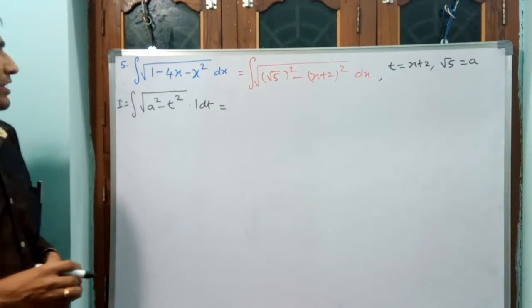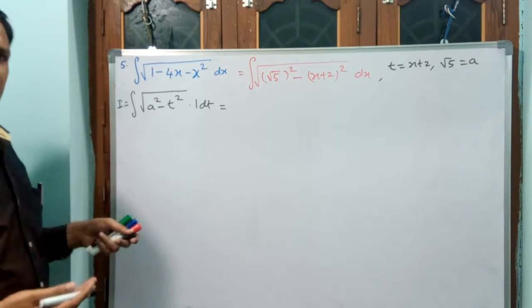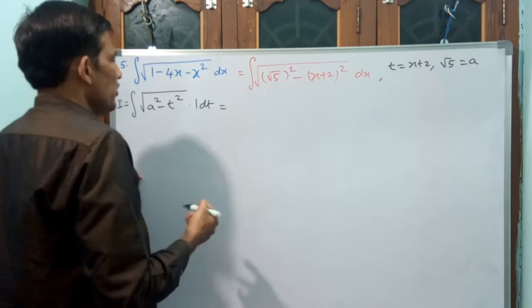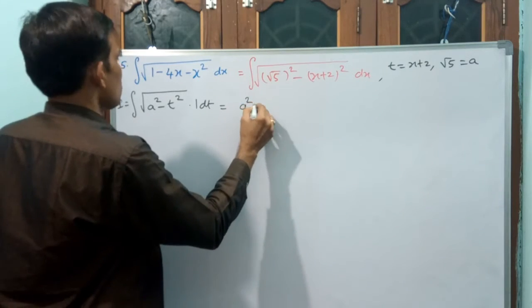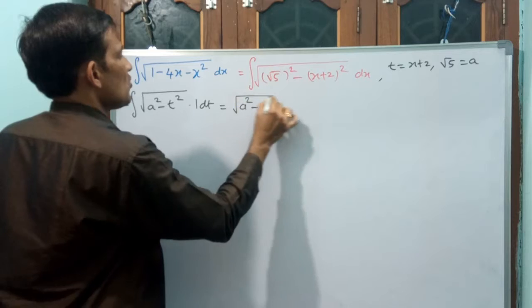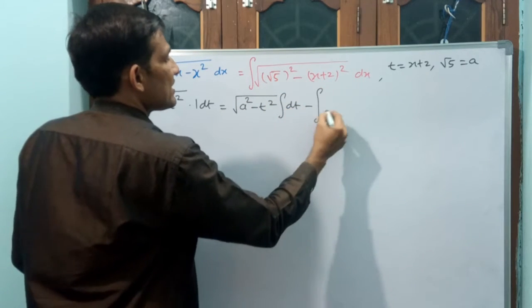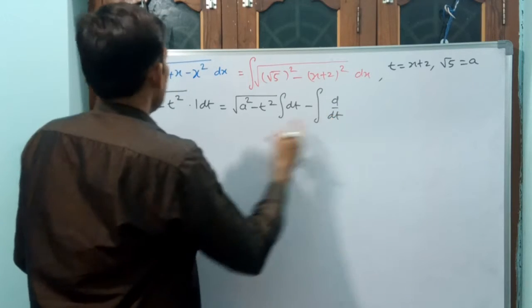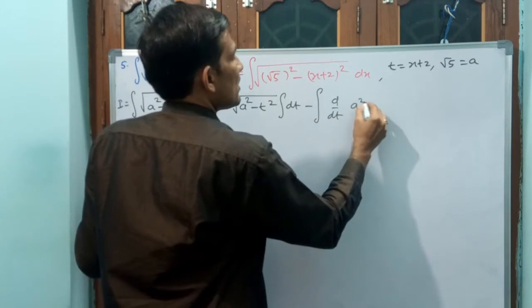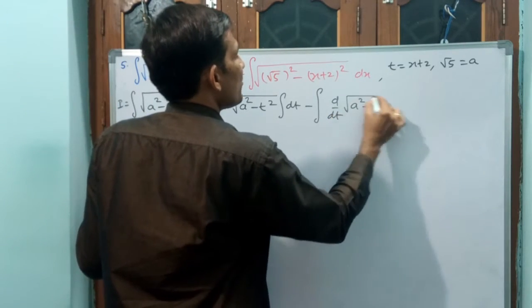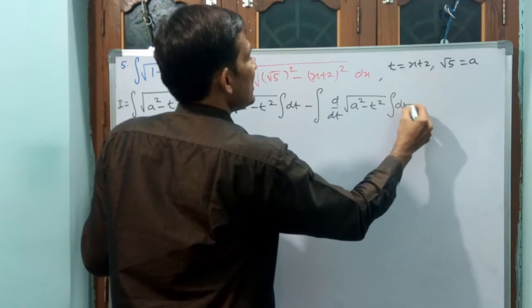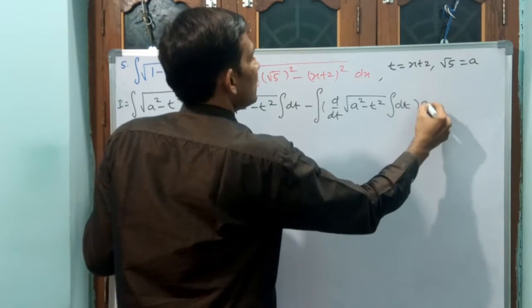Okay? Shall I write the formula? No, we are habituated. We are going to do without that formula. See, u is square root of a square minus t square, integral v dt, minus integral of d by dt of u, square root of a square minus t square, again integral dt, whole dt.